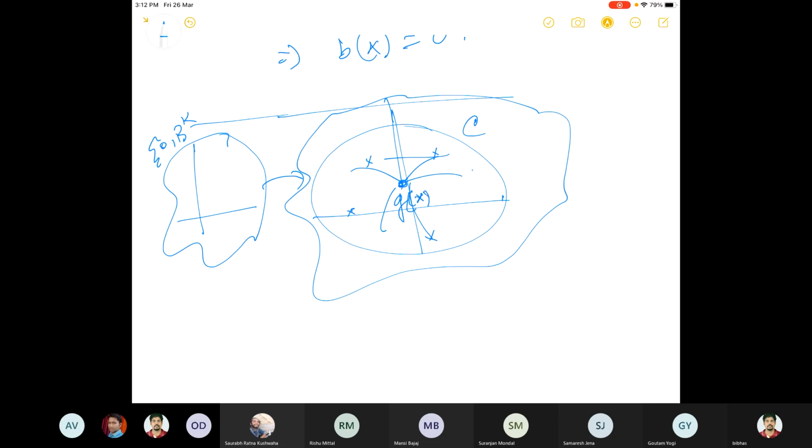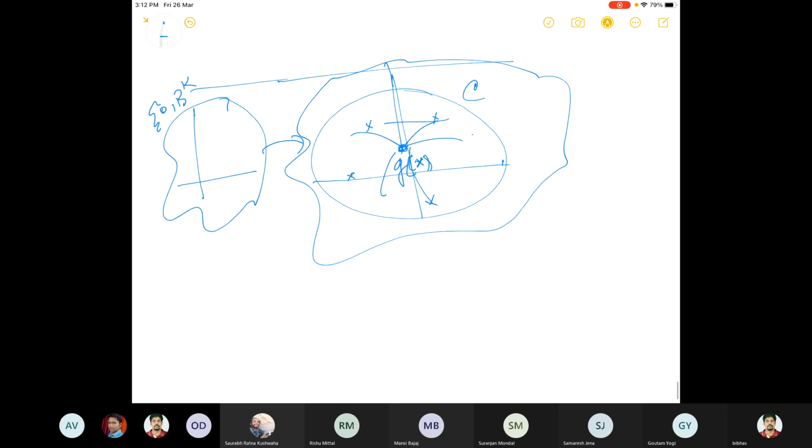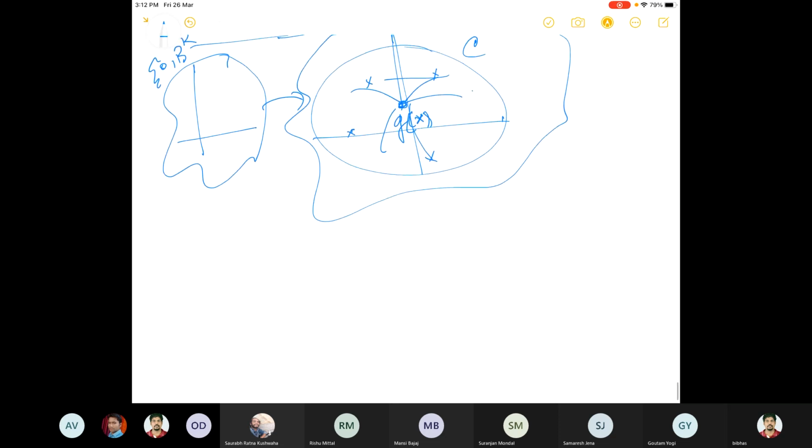If I know G(x), then I know all the codewords, but I do not know what G(x) is. So now our focus will be how to find G(x), because if I know G(x), I can construct a cyclic code. In order to find out what G(x) could be, let us see some observations.